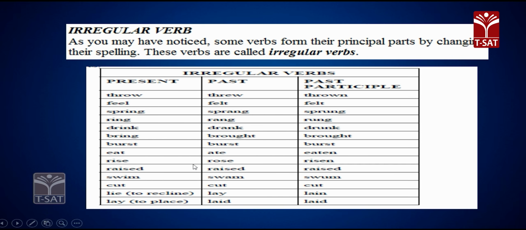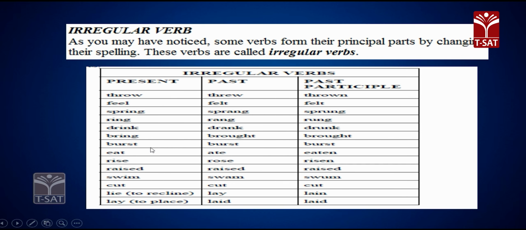There will be a slight spelling change in them. Not only spelling, the pronunciation also changes. See here: throw is the present tense, threw is the past tense, thrown is the past participle, throwing is the present participle. So there is a spelling difference in these three words. Such spelling-differed verbs are called irregular verbs.